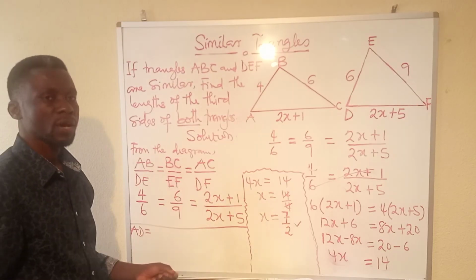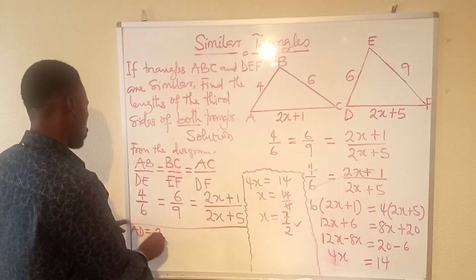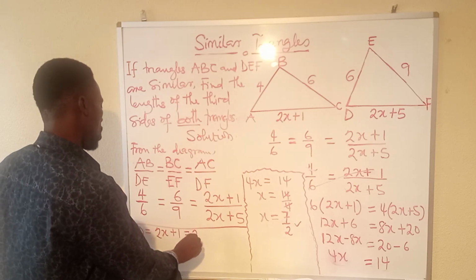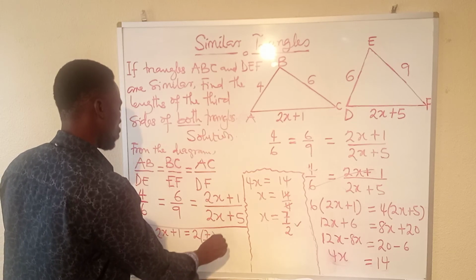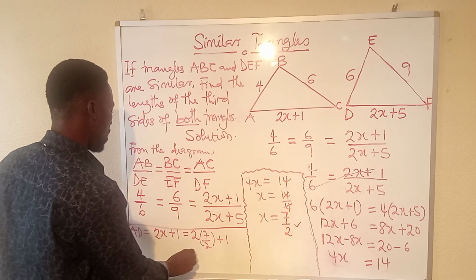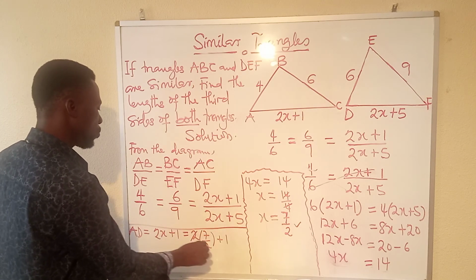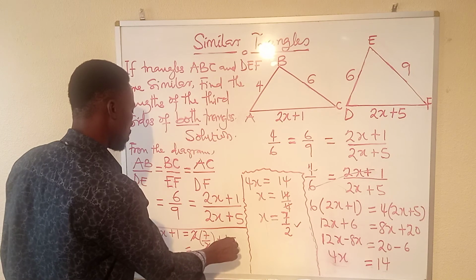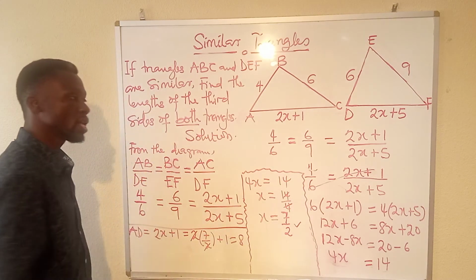So AD is equal to 2x plus 1, which is 2 multiplying 7 out of 2, plus 1. The 2 cancels 2, we have 7, and 7 plus 1 gives us 8 units.